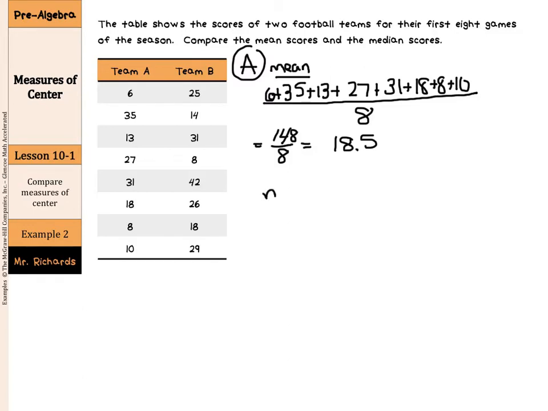Now for the median for Team A, we do need to get these numbers ordered from least to greatest. There are 8 games. Let's make sure we write down 8 numbers.